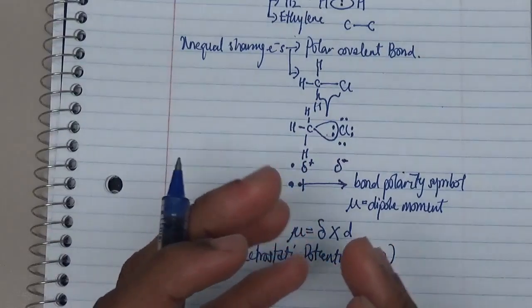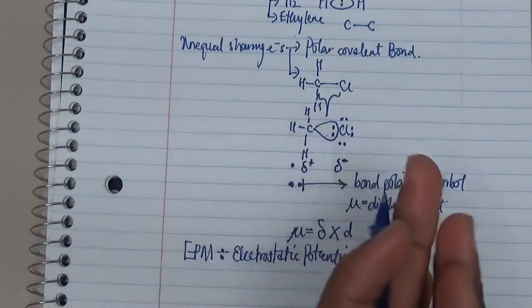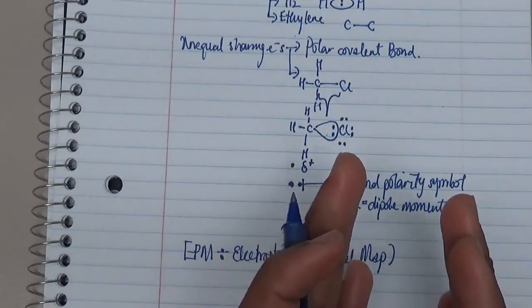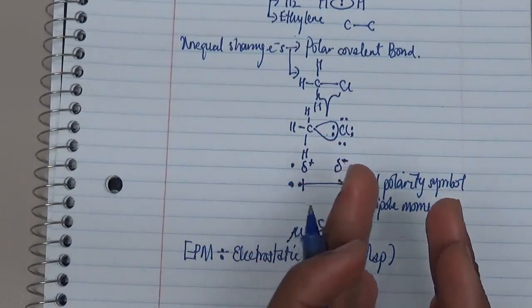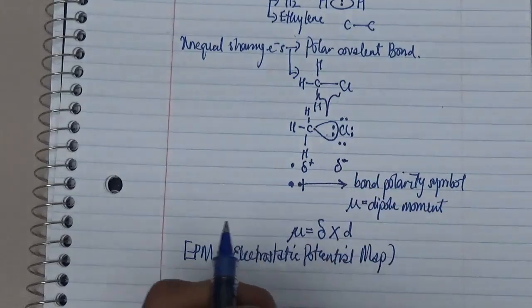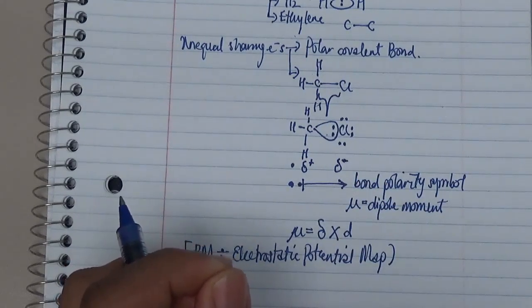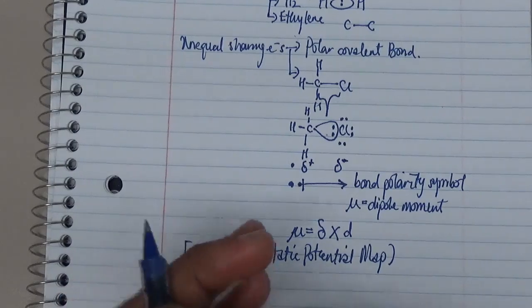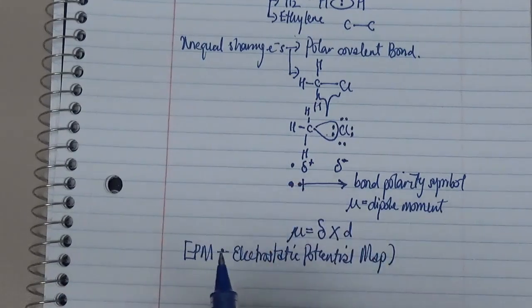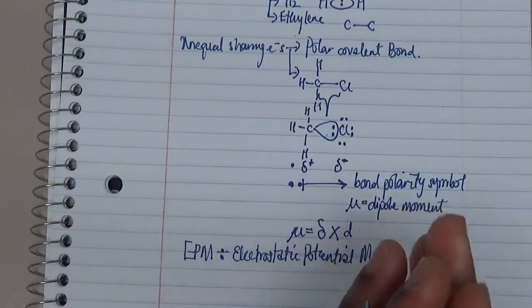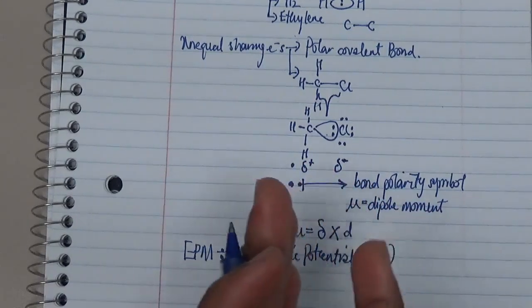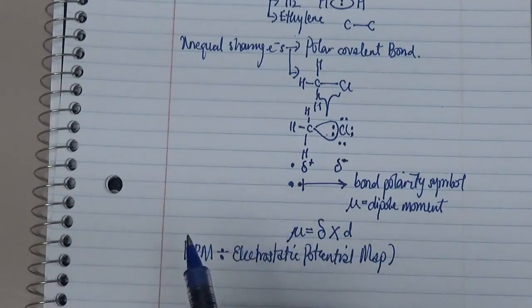These colors range across the visible light spectrum, where red is the region with the highest electron density, to purple, which has a very low electron density. However, we have intermediate regions where green, yellow, or orange signify intermediate electron density overall.